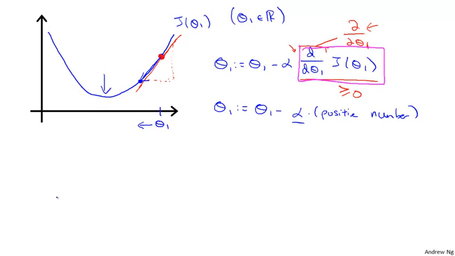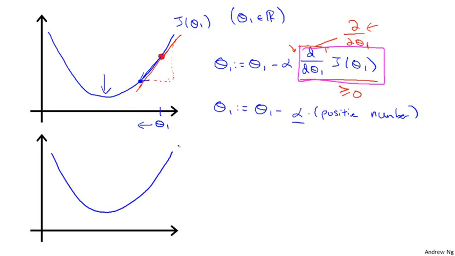Let's look at another example. Let's take my same function J and draw the same function J of theta 1. Now, let's say I had instead initialized my parameter over there on the left. So theta 1 is here, at that point on the surface.